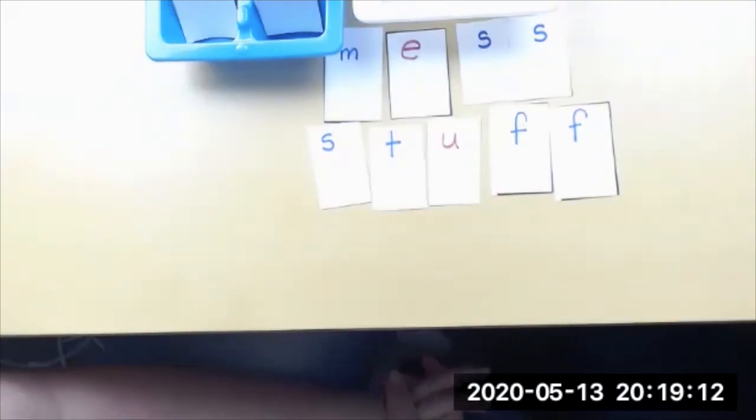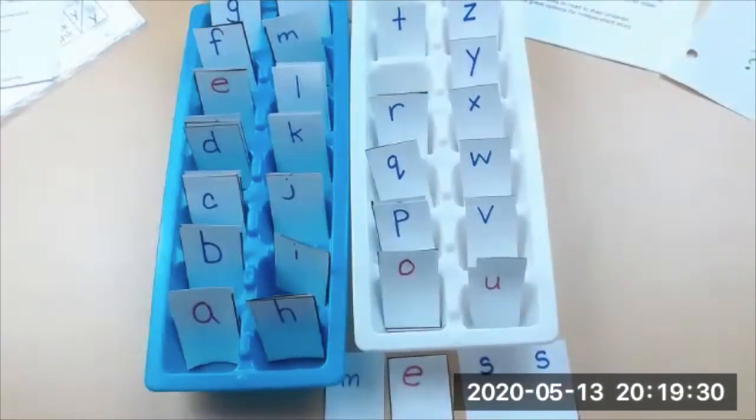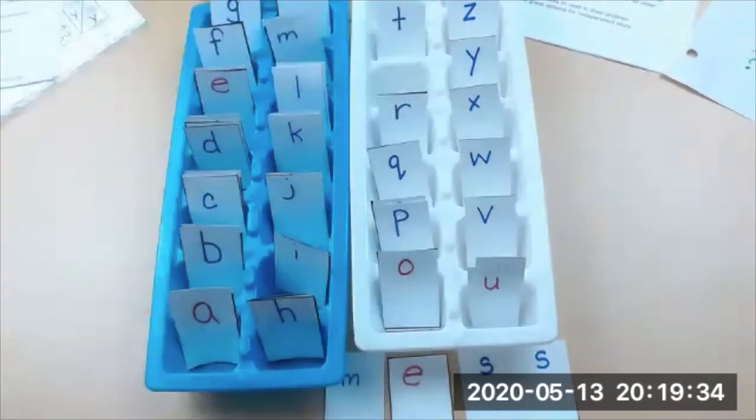The next word I'm going to give you is going to be a word I hope never happens to you, especially if you have a glass of milk. Spill. What comes first? First is sp. All right. There's no more s. Well, that is tricky, isn't it? We used all three. We did.